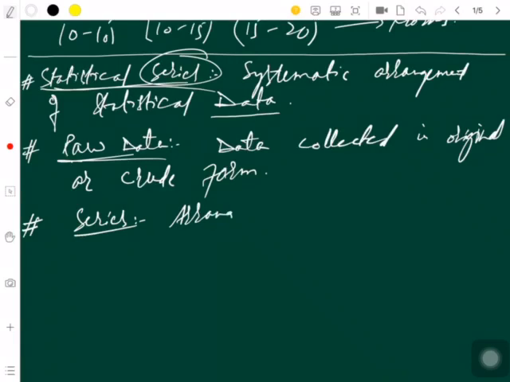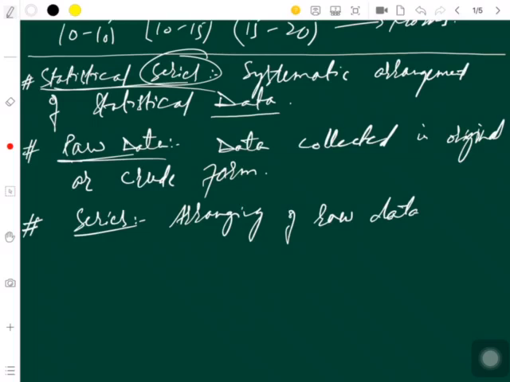Arranging of raw data. I cannot leave any stone, even pebble unturned, because anything may be asked and you have to use each and everything. You must understand each and every word we use. This is statistics. This is the language of the subject which you are learning.